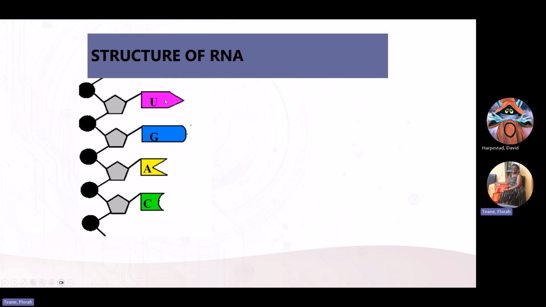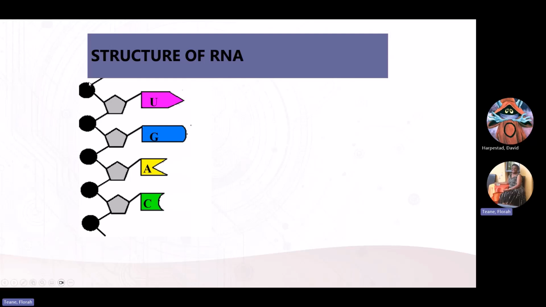But instead of uracil, DNA has got thymine. So RNA does not have thymine. Instead, it has uracil, but also has what DNA has, which is guanine, adenine, and cytosine.